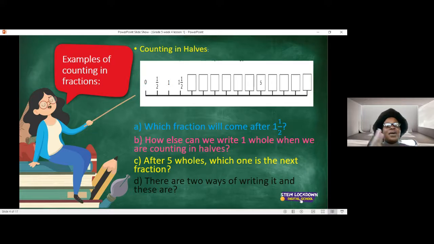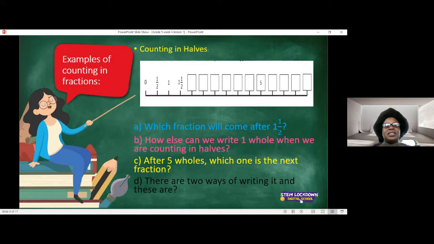And then we have a question there. The question is, which fraction will come after 1.5? If we were listening already, I've given you the answer. After 1.5, if I add a half, those 2 halves are going to add together to give us 1 whole. For those that maybe joined us today and don't know what a whole is, we can simply explain a whole as a full number.